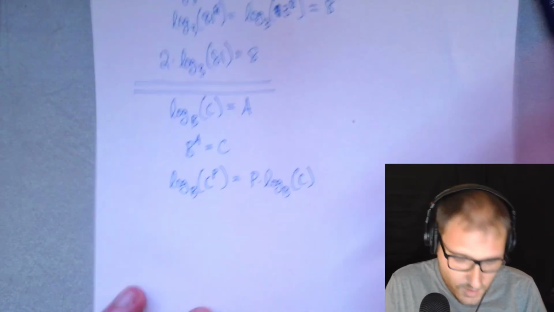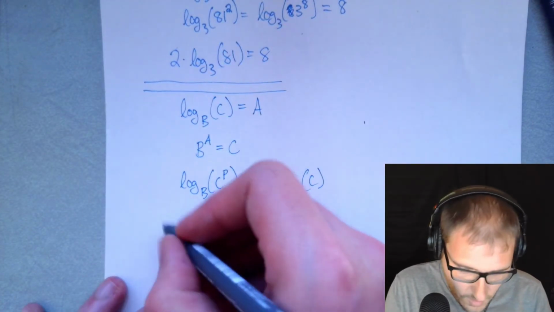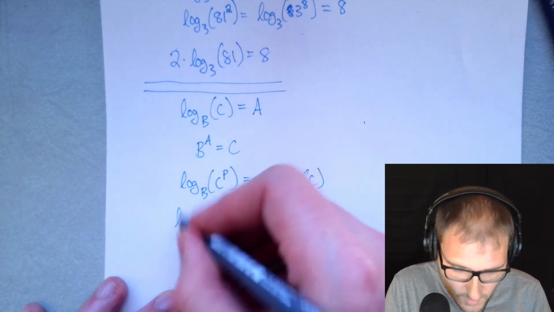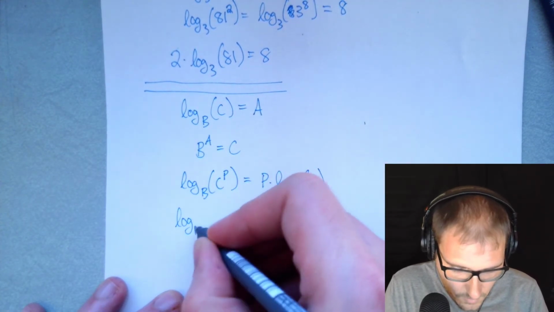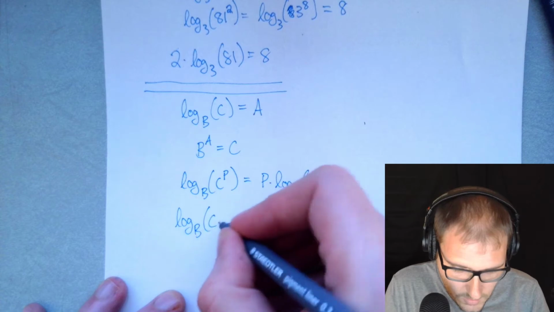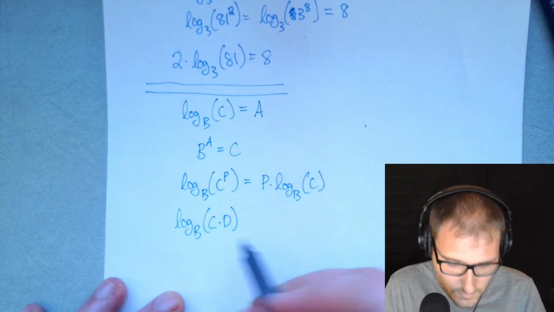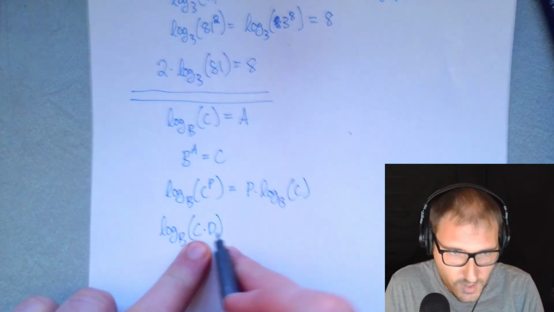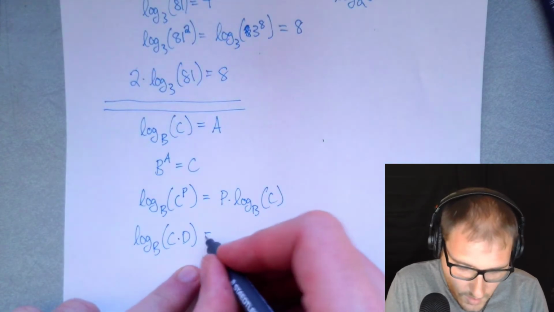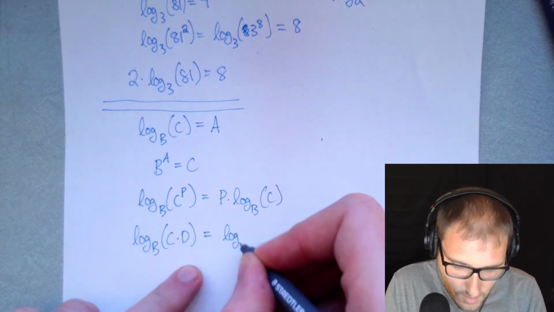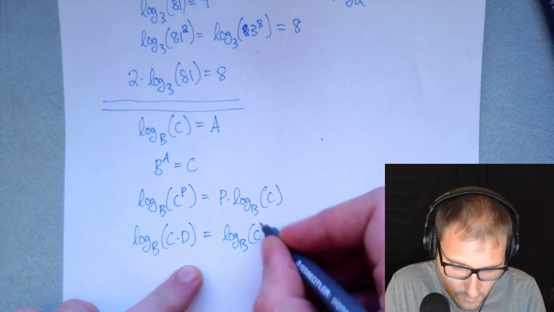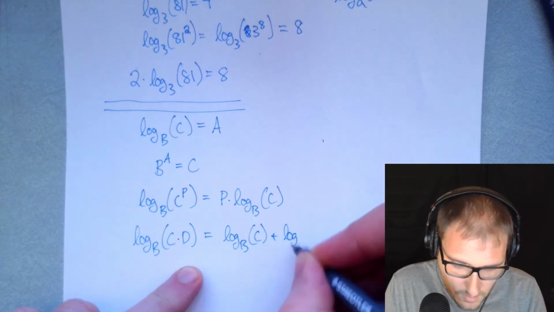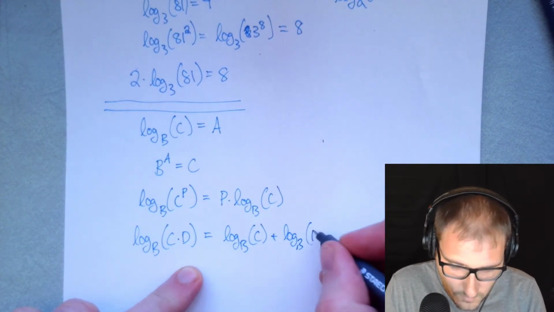Other identities would be something like, if you multiply it by something else, we saw that a little bit ago, c times d. The log of the product is equal to the sum of the logs: log base b of c plus log base b of d.